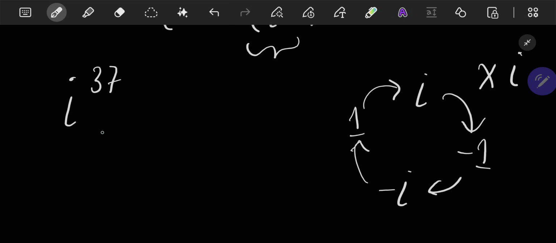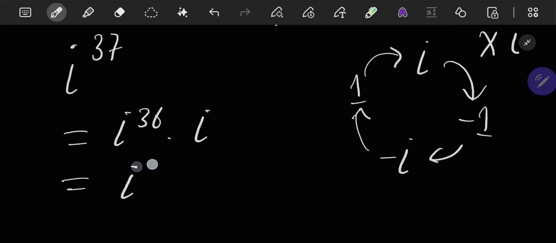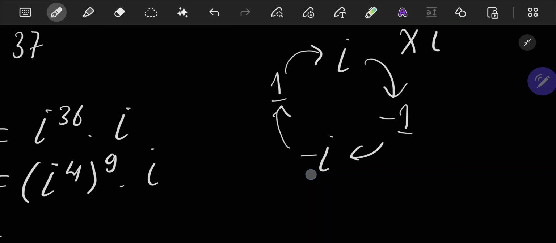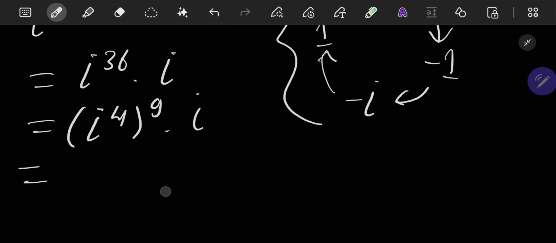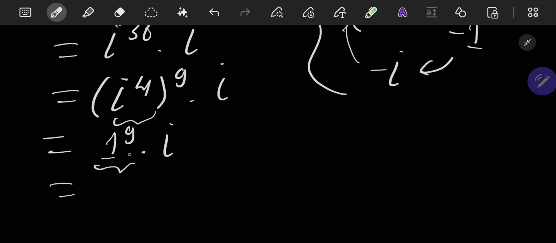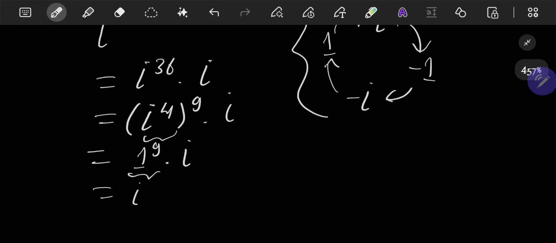We can write this as i to the power 36 times i, which is i to the power 4, to the power 9, times i. Now, we have that the fourth power of i is just 1. And since this is 1 to the power of 9 times i, which is 1, so 1 times i is just i. So it was as easy as that.